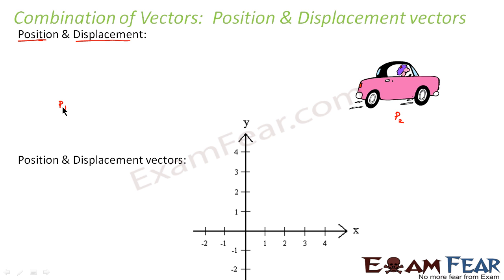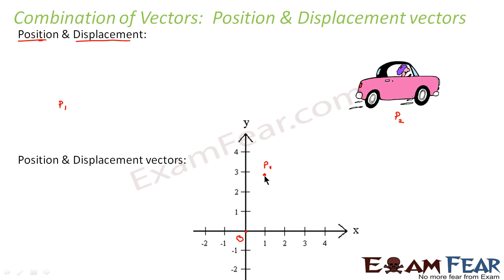Initially it was at position P1. So let us say this is a point, P1. How do we represent this position in terms of a vector? We take the origin as the reference. This is our origin. That means any position which we talk about is measured from the origin.